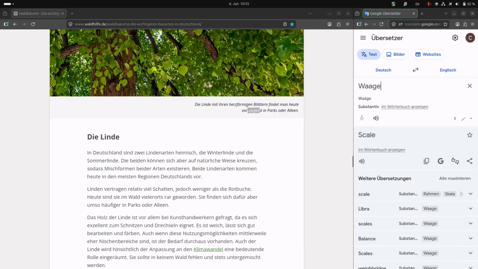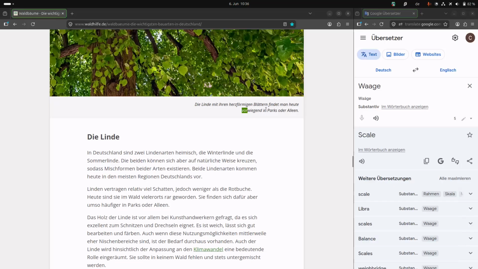And vorwiegend, word by word in its literal meaning, you could say mostly weighing or before weighing, because vor mostly means before, but in this case it means mostly. This is the translation of the entire word. So you would say finds one nowadays mostly, but word by word this would mean before weighing. I think it's a very metaphoric word.